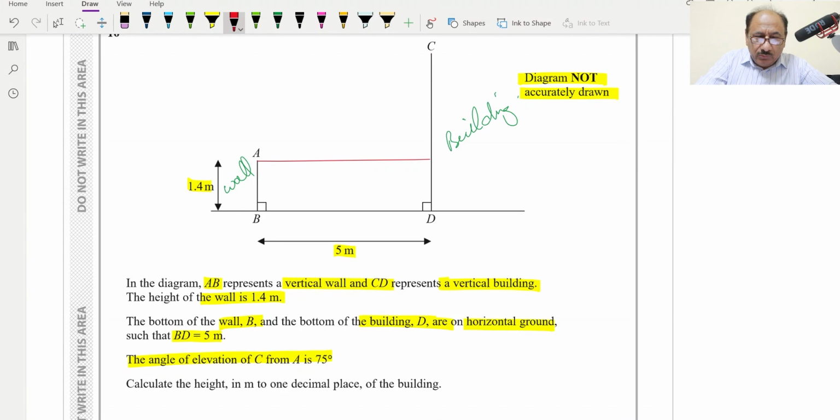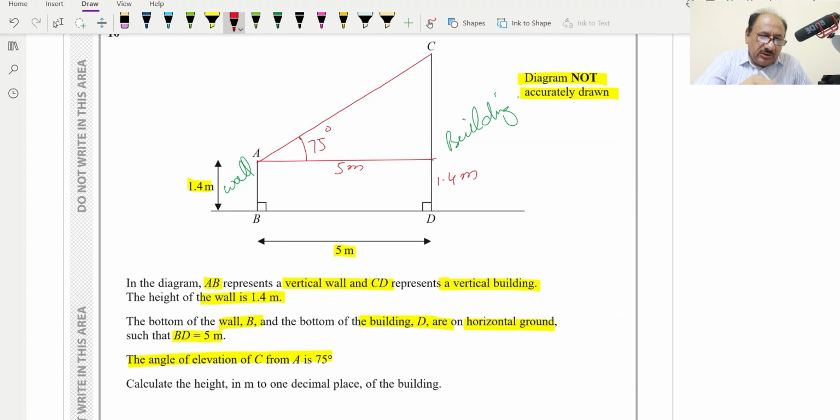Okay, so this will be the angle of elevation, which is given as 75 degrees. So this is 5 meters, and this height up to this one is 1.4 meters.